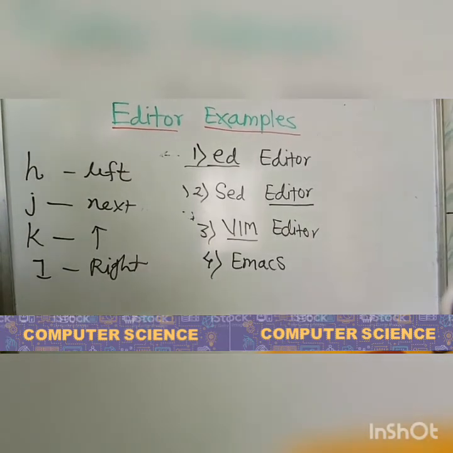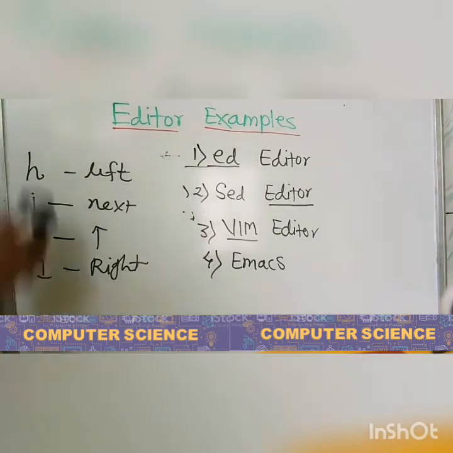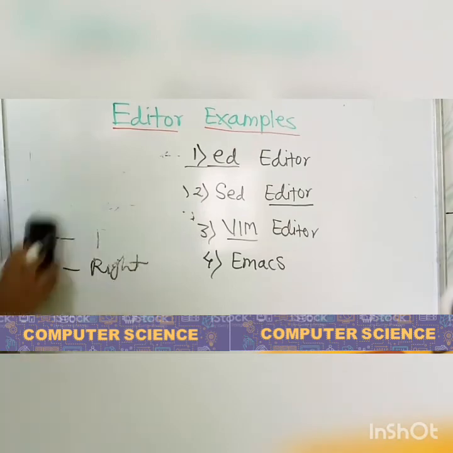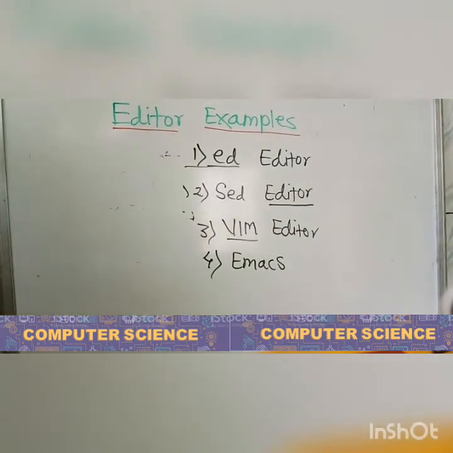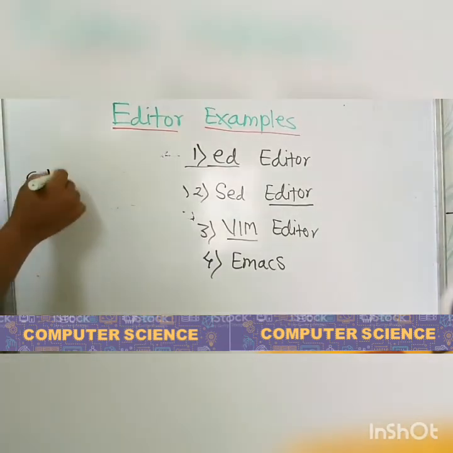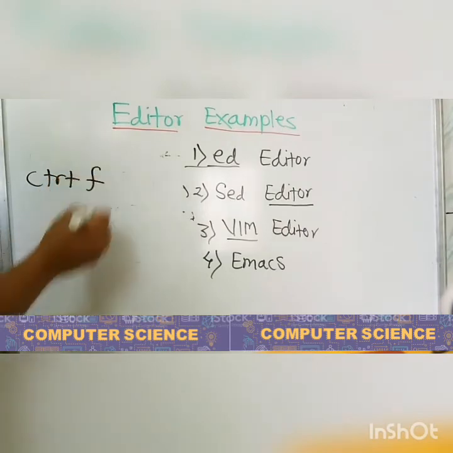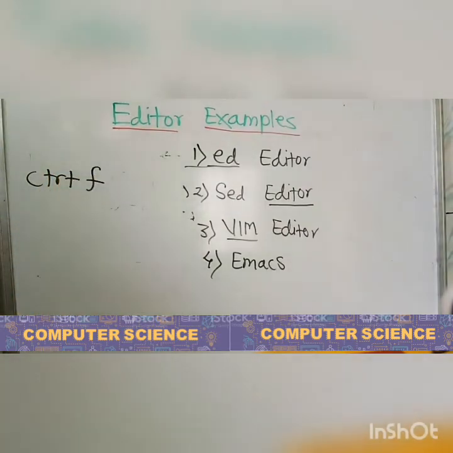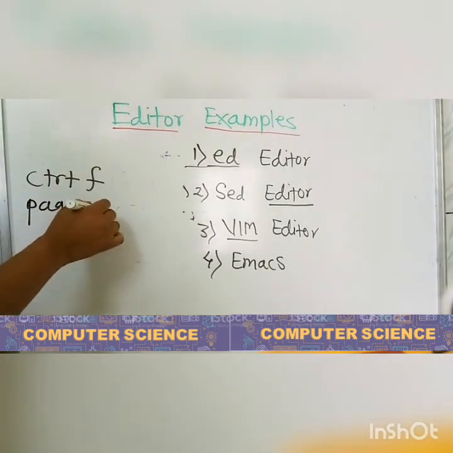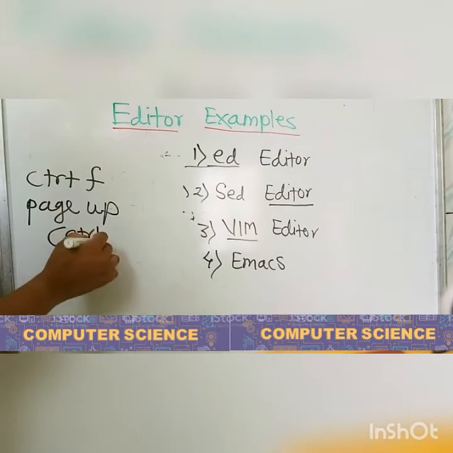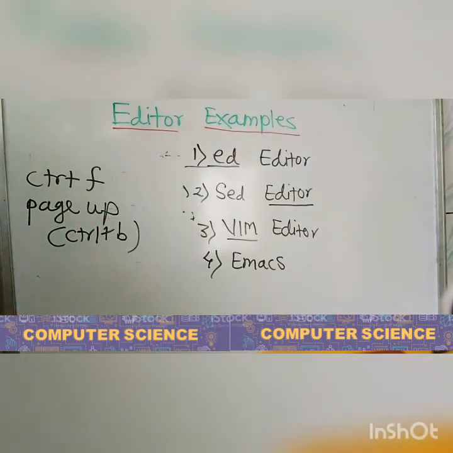But to speed up our functioning, we will use different commands. Which are these different commands? The Page Down command is used to forward one screen of data, and for the shortcut we can use Control plus F. If we are using the Page Up command, by using Control plus B we can move backward one screen of data.